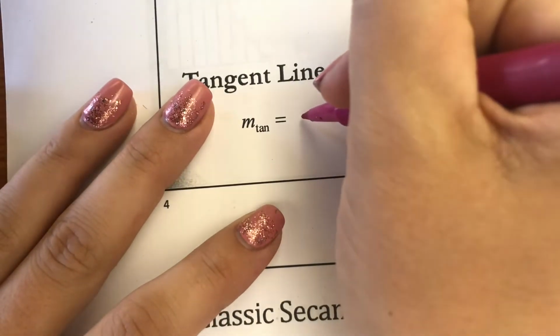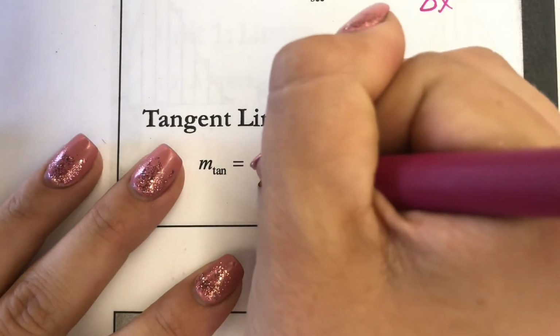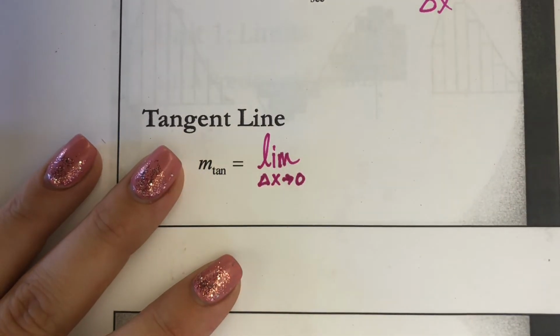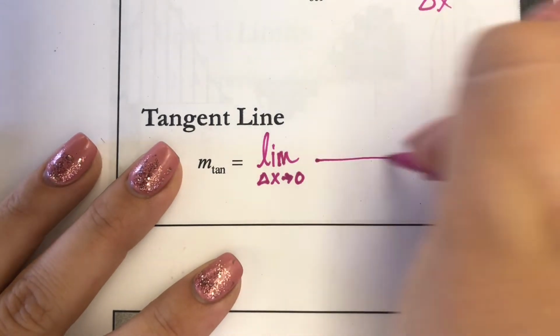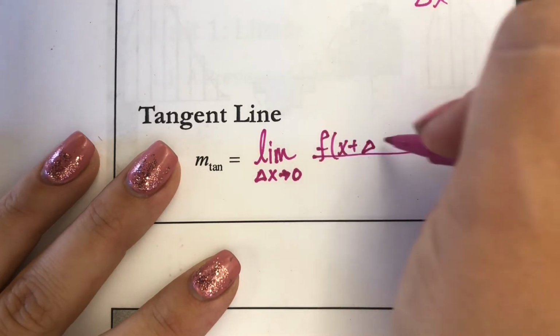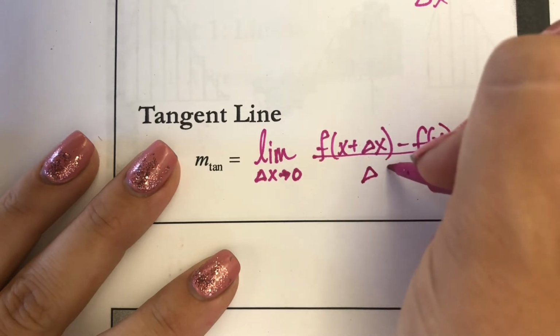I need the limit, maybe watch me first because it's new notation, as delta x approaches 0, we'll get more used to this notation, of my slope, f of x plus delta x minus f of x over delta x.